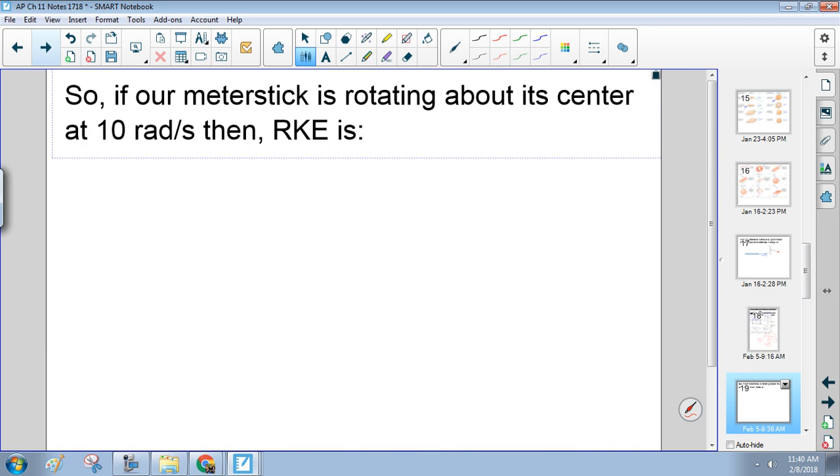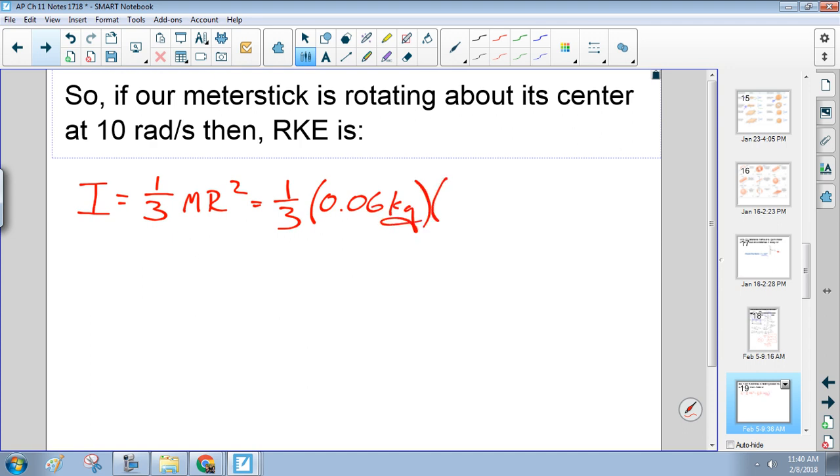All right, so let's now find the rotational kinetic energy of our rotating meter stick. So I, for our meter stick, we just decided that that was 1/3 m r squared. So that's 1/3. The mass of the meter stick was 0.06 kilograms. R for the meter stick is half of the length, so 0.5 meters. And don't forget to square it. Okay, and so that gives you 0.005 kilogram meters squared, which is the units that we write our rotational inertia in.